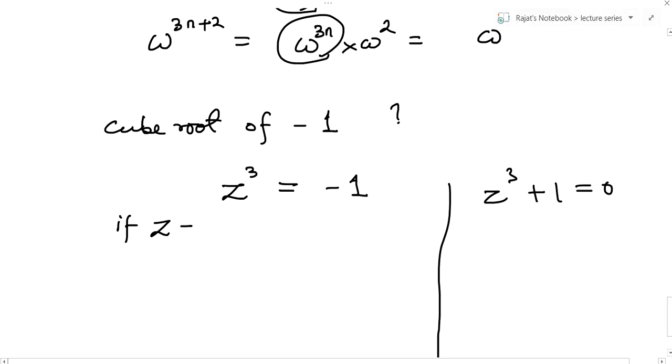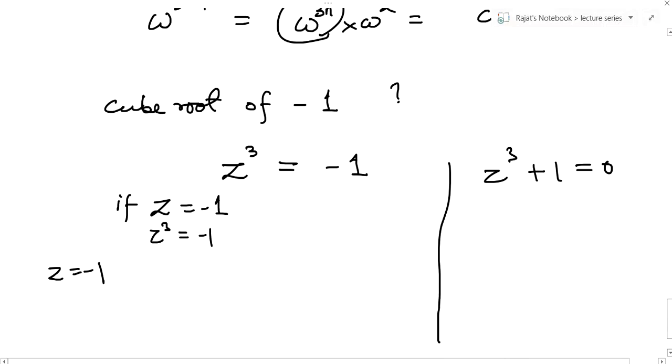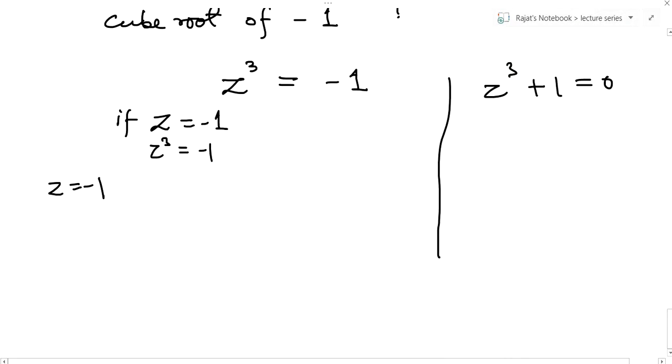Okay, so if I keep z as minus 1, z cube will be minus 1. So z is equal to minus 1 is one of the roots of the expression. Okay, what about the other roots? Just think about it.